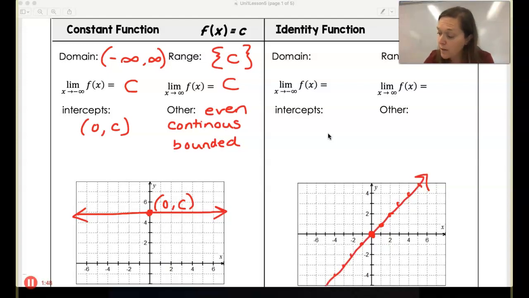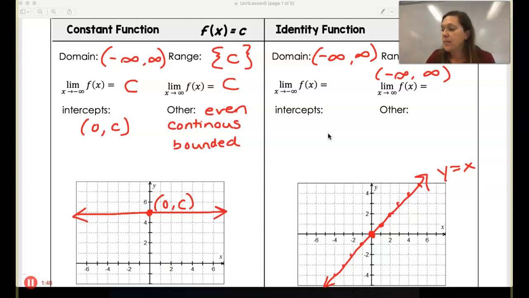So just the line y equals x is our identity function, right? So (1, 1), (2, 2), (3, 3), (-1, -1), (-2, -2). That's all the identities. So negative infinity to infinity is our domain. Our range is negative infinity to infinity.